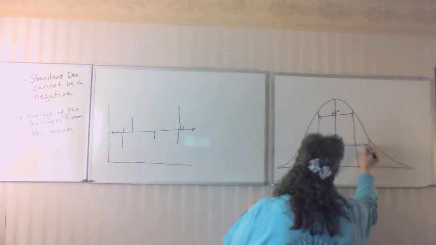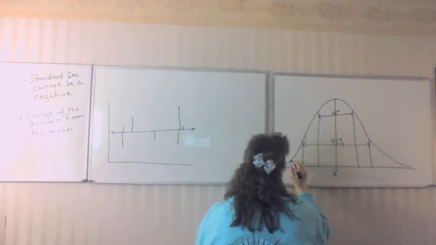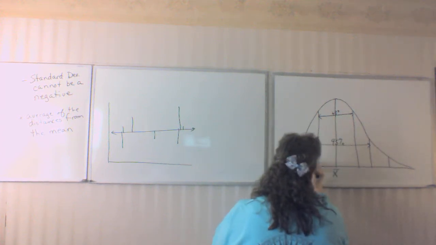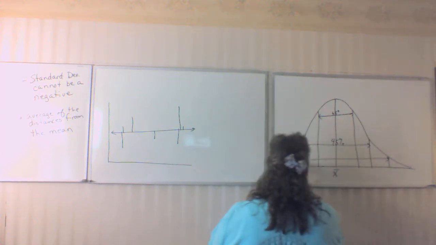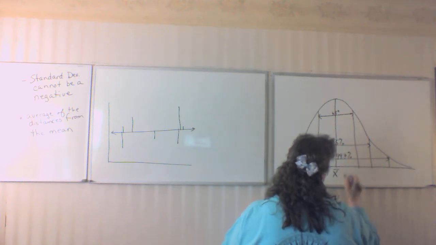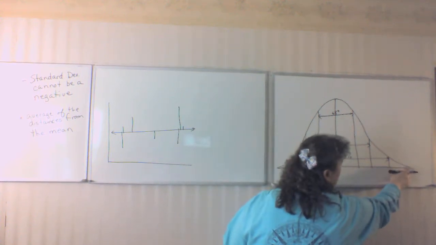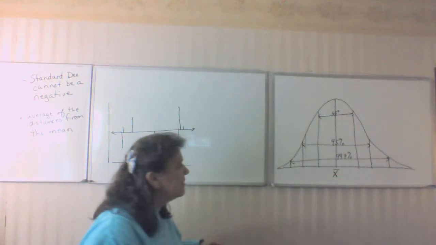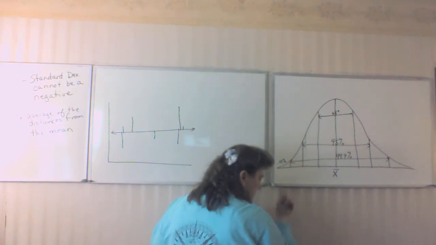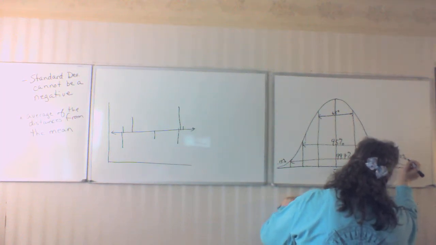This one contains 95% of all the data. And then down here, this one contains 99.7% of all the data. And that leaves just 0.3% of the data to reside in those little tails, which if you divide it by 2, is 0.15% in this one, and 0.15% in this one.